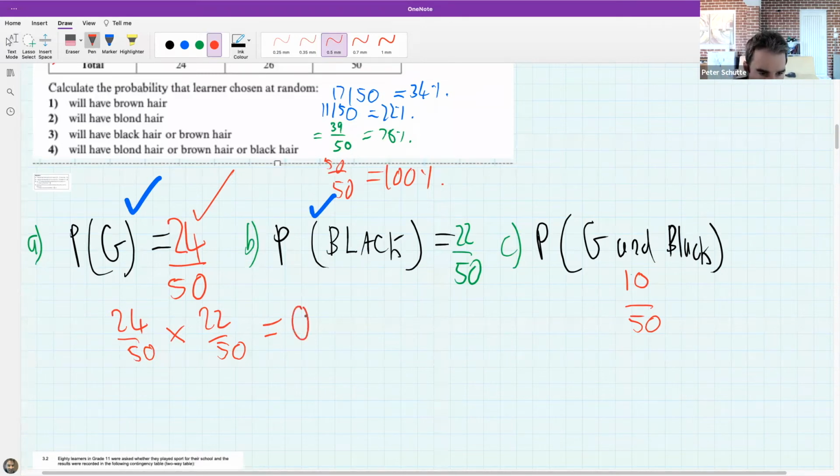Okay, so I get 0.2112. And if you look over here, what is the probability of this one? What's 10 over 50 as a decimal? It's just going to be 0.20.